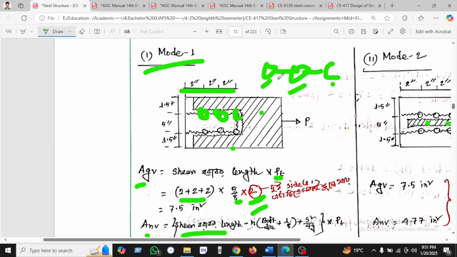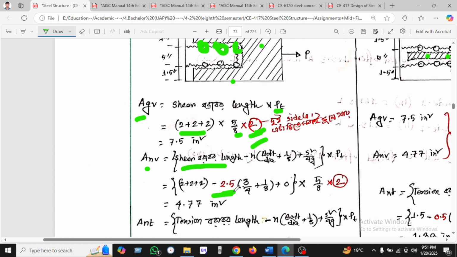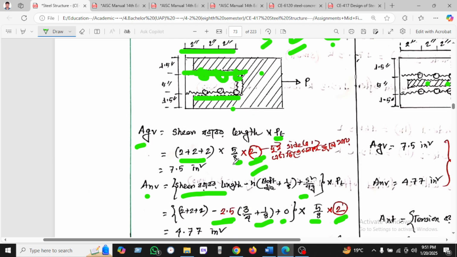That's why 1 plus 1 plus half, so this will be 2.5. And bolt diameter is given as 3/4, and this is the constant 1/8, and there is no stagger considered, that's why it will be 0. And plate thickness 5/8, and we are multiplying by 4 because we have considered the 2 zones.